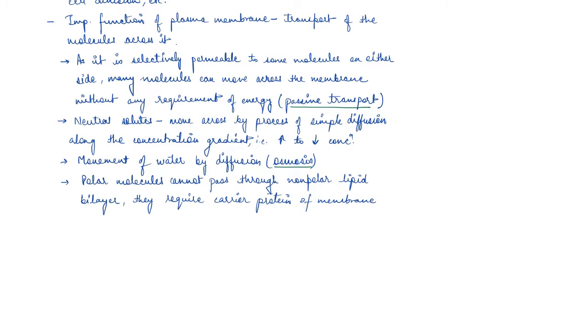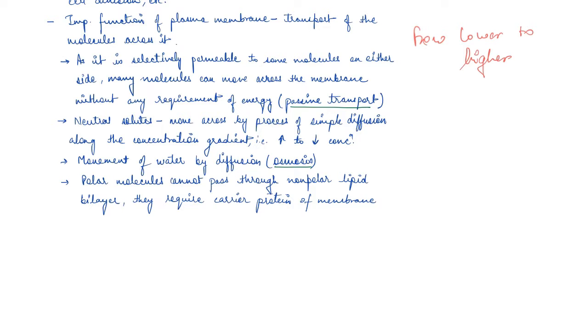So there are a few ions or molecules which are transported across the membrane against their concentration gradient. You move from lower to higher concentration, right? Now, such kind of transport is basically an energy dependent process.